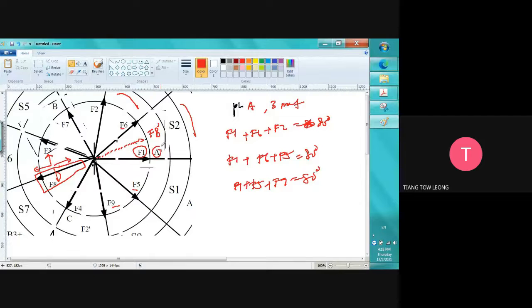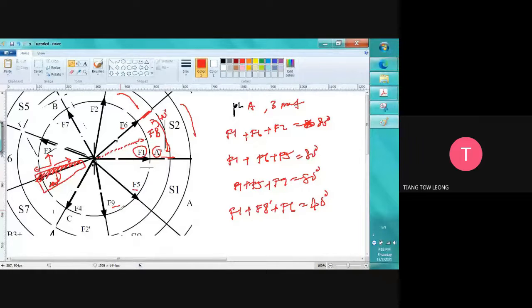We call it reverse polarity. When it is already reversed, this one is no longer here. Then we can choose F1, F8 prime, where prime means reverse, then F6. This will be 40 degrees because from this point until here, it is only 40 degrees.